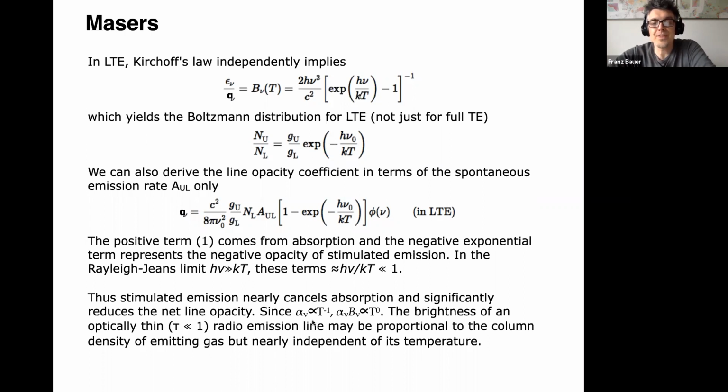If you expand this out, the absorption coefficient is proportional to 1 over T, and this thing is then proportional to a constant. If the source is optically thin, so tau is less than 1, the radial line emission is proportional to the column density along the line of sight, and it's independent of the temperature.